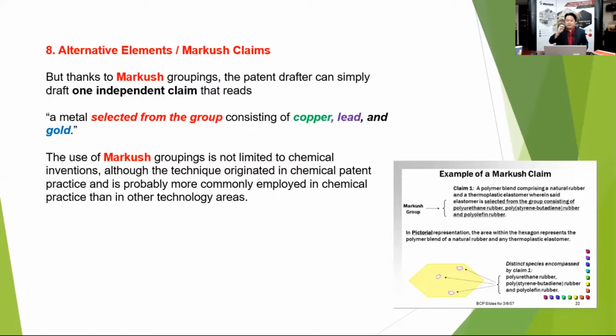I use the phrase "selected from the group", and "consisting of" means very close, very narrow. So when I write like this, it means the metal selected from the group narrowly consists of either copper, lead, or gold. Nothing else, just either one of these 3. So this is how I draft alternative Markush claims when you have many choices of elements that you can choose from.